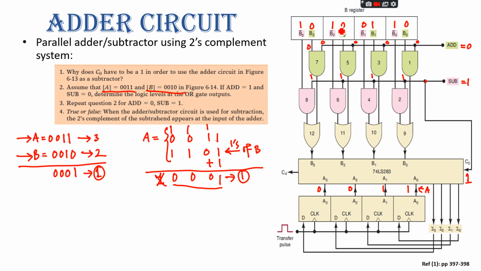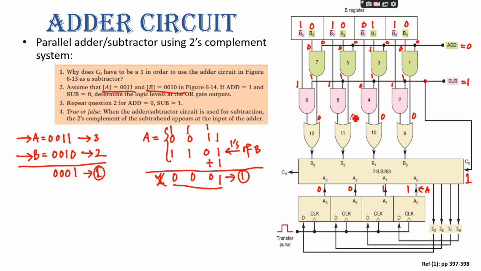So this 0 will come here, this 0 will come here, this 1 will come here, and this 0 will come here. So as you know, if one of the inputs of an AND gate is 0, the overall output of the AND gate would be 0. So the output of AND gate 1 3 5 7 would be 0, since one of its inputs is 0, right? Similarly, this 1 will come here, this 1 will again come here, 0 will come here, and 1 will come here.